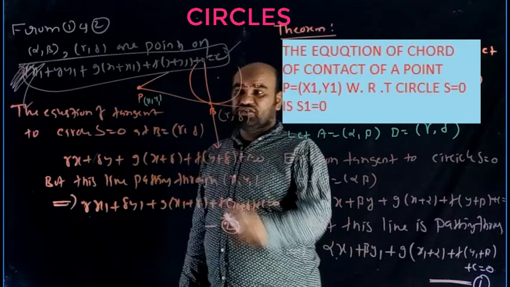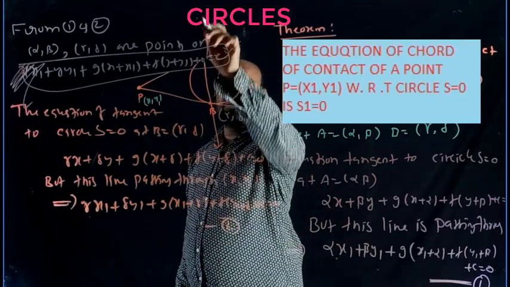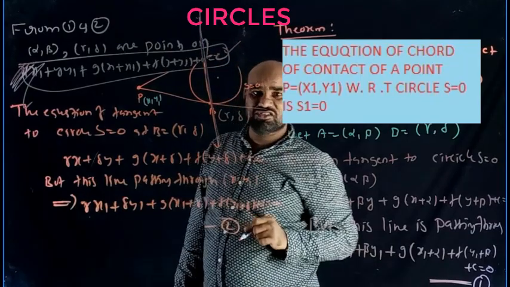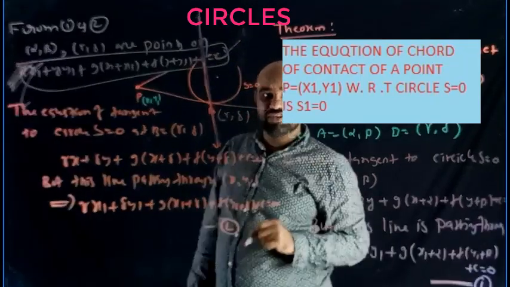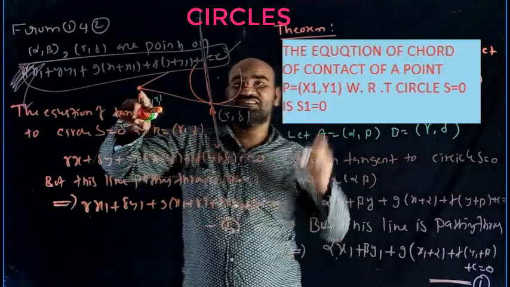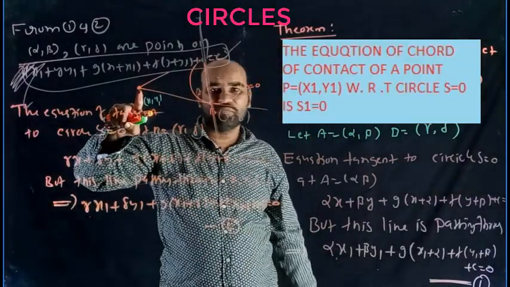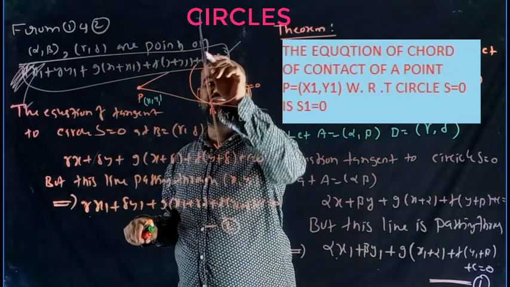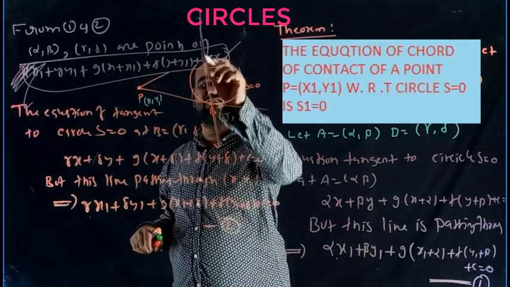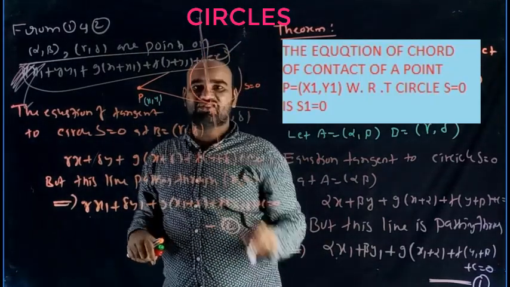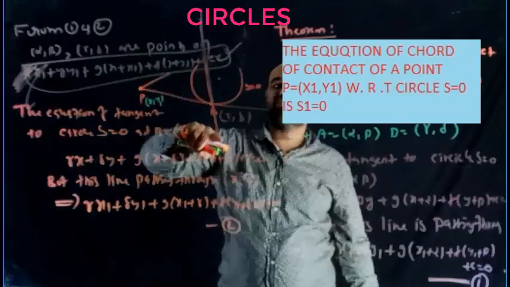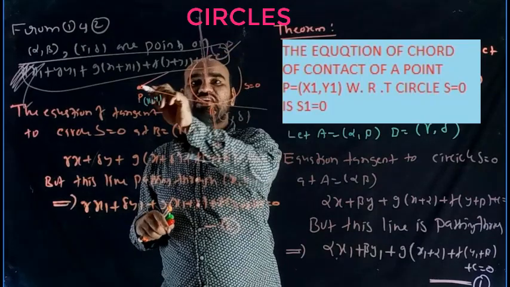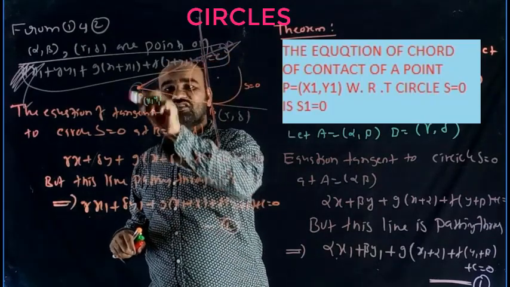Okay students, this is x1 y1. You want to prove that the equation of this line is S1 equal to 0. Where is x1 y1? x1 y1 is exterior to the circle, that is important. Through this point only you can draw two tangents. This is the point of tangency, or point of contact. Through those points the line is drawn. We took this as alpha comma beta and found the equation of the tangent, and that is passing through x1 y1.